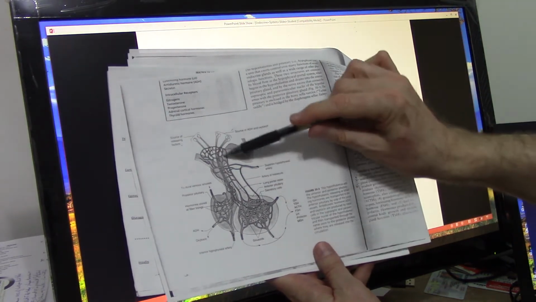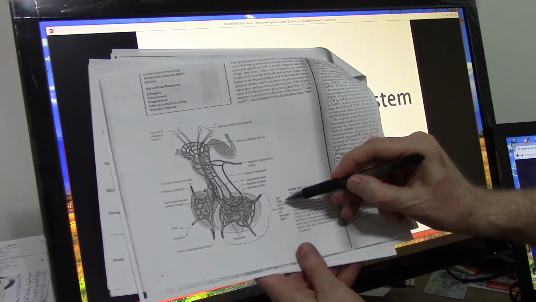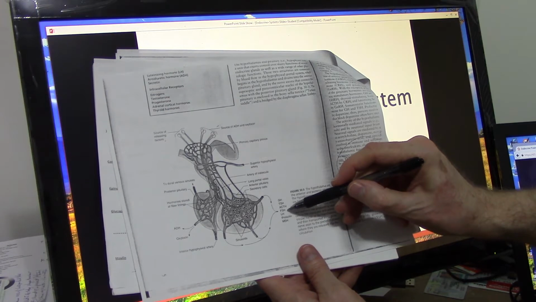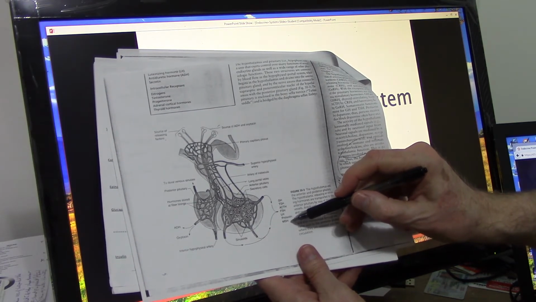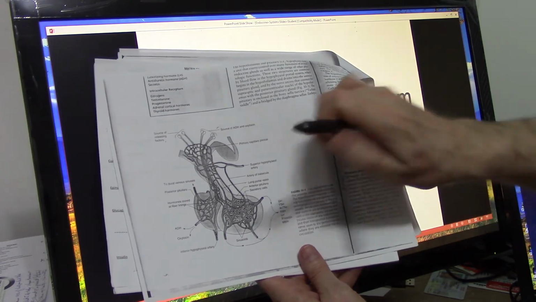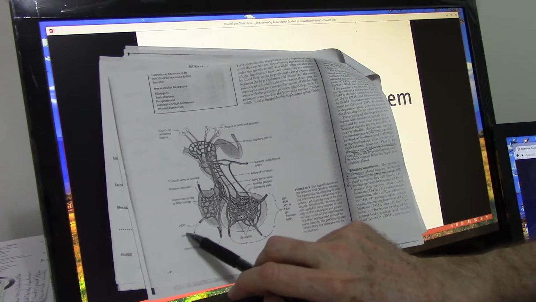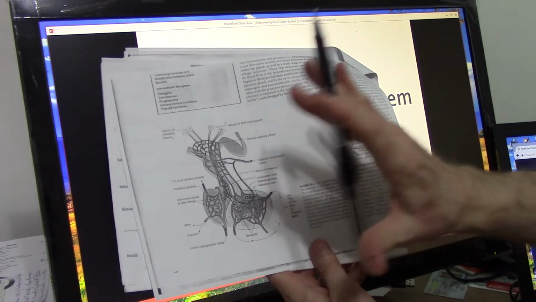And notice that I really want you to look at this list right here. Growth hormone, TSH, thyroid stimulating hormone, adrenocorticotropic hormone, FSH, LH, prolactin, and melanostimulating hormone. Okay? Those are all the hormones coming off of the anterior pituitary, and then coming off the posterior pituitary is ADH and oxytocin. Very, very nice single diagram here.